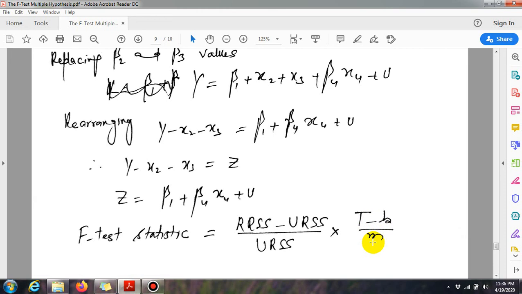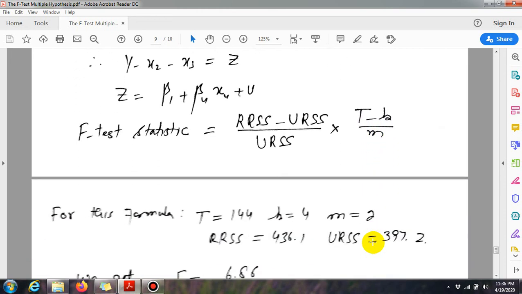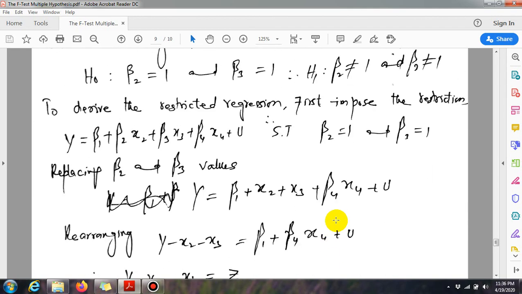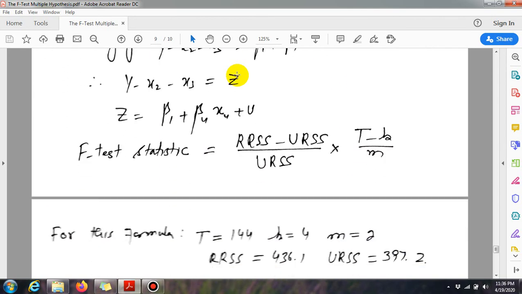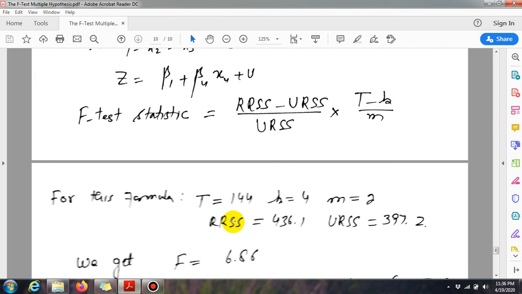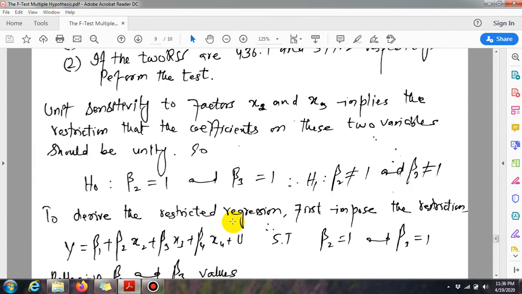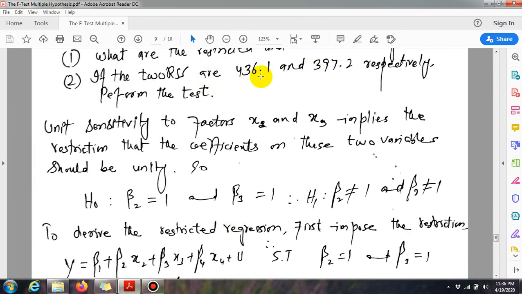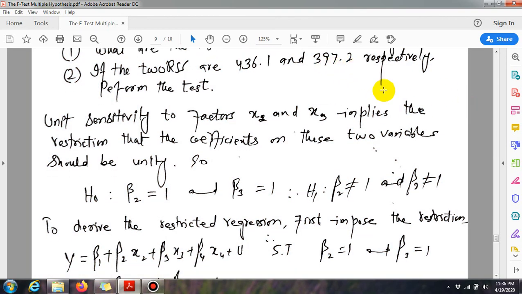Here we have T equal to 144, k, the number of parameters, equal to 4, and m, since we have imposed 2 restrictions, beta 2 and beta 3, is equal to 2. The restricted residual sum of squares is 436.1 and the unrestricted residual sum of squares is 397.2.